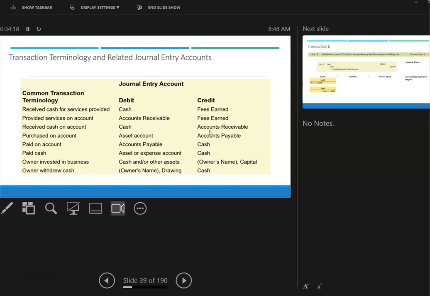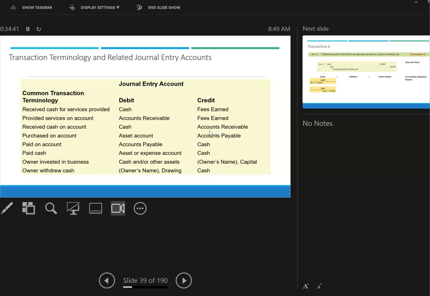Another common transaction terminology is provide services on account. What the heck does that mean? Well, what do you call it when you take your car to get your oil changed?